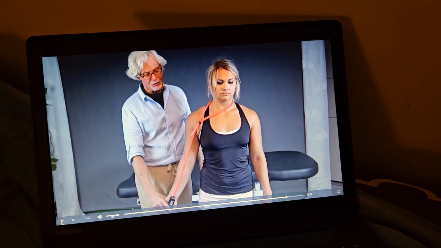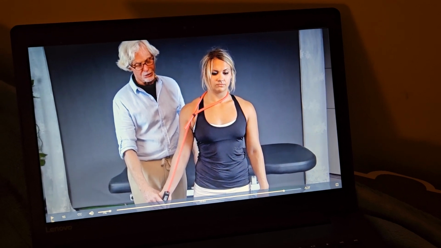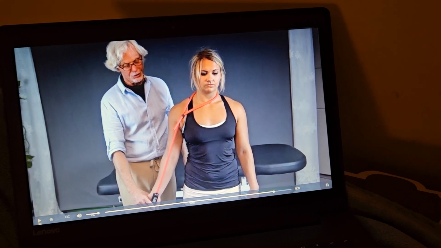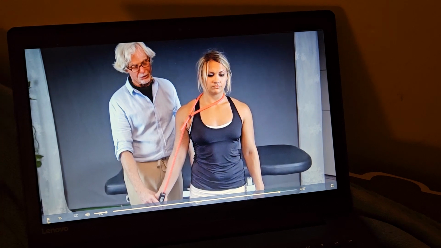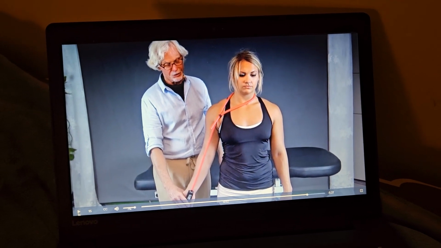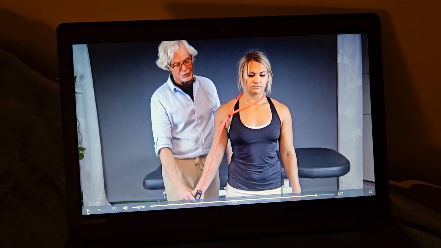He was showing some techniques where you were pressing down on the clavicle, and you have to make sure you don't overstretch them and pop their joint out. So I was like, no, no, no, out of scope of practice.